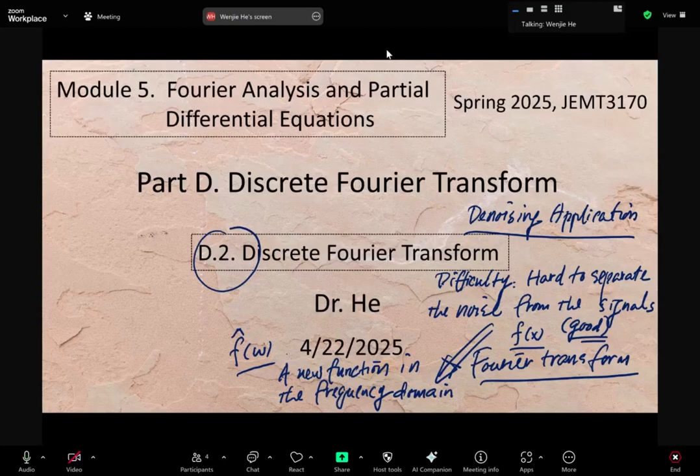Now we jump to a new universe, and then we can see the content of our signal. The content of the signal was buried in the original function, but when we do the transform, this new function also contains all the content. No different. There is no loss in the content when we do the Fourier transform.